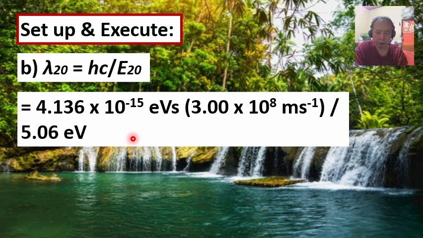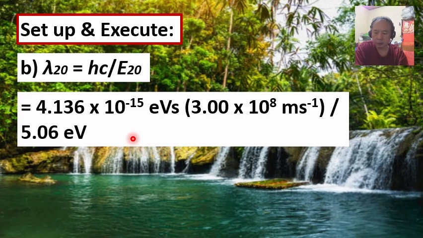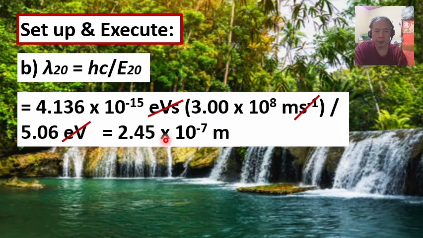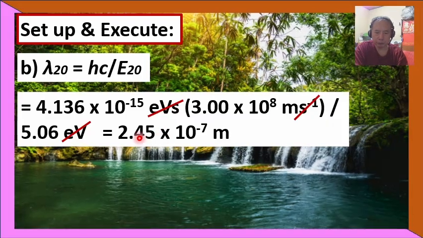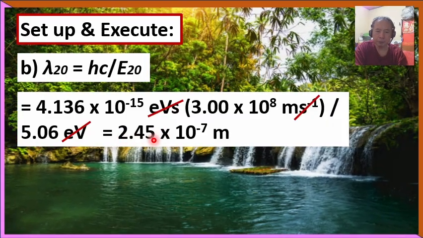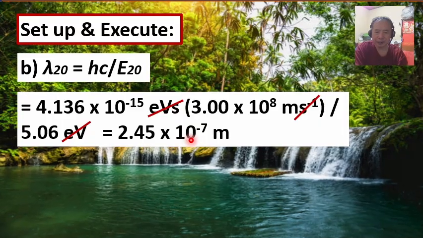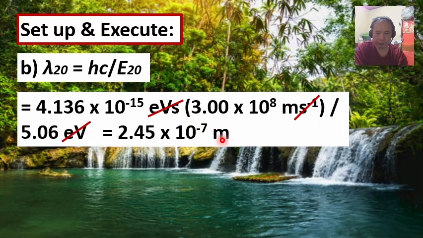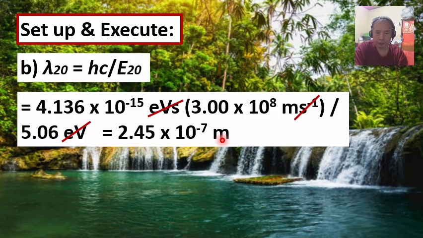So when we do our math, we find lambda sub 20 equal to 2.45 times 10 raised to the negative 7 meter.